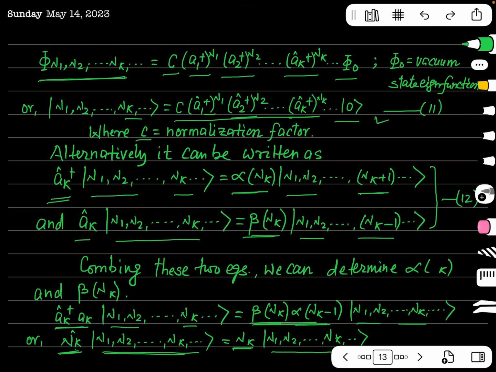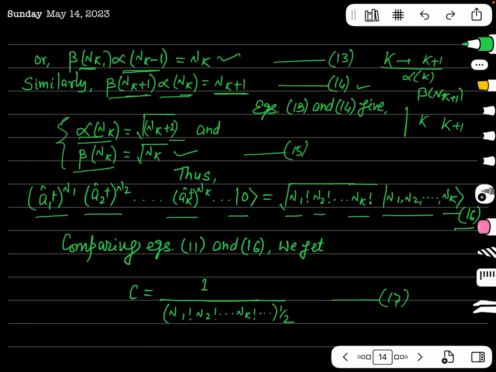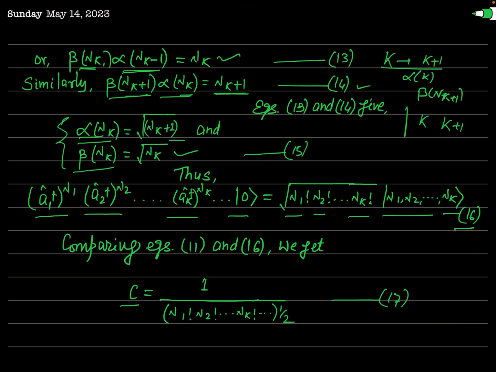When we compare these two equations, you can see that this constant c, which is the normalization factor, will come out to be 1 over the square root of n1 factorial times n2 factorial times nk factorial, okay? So in this way we can obtain the value of the normalization factor.